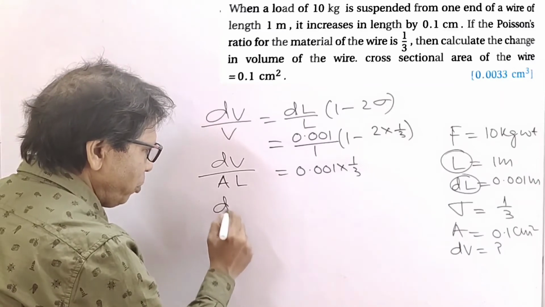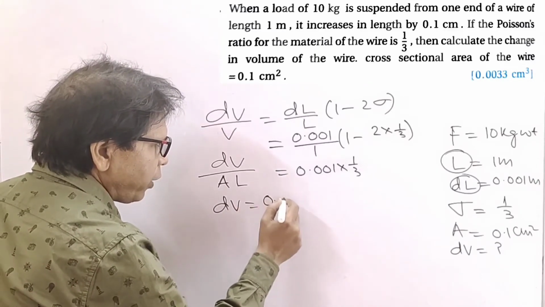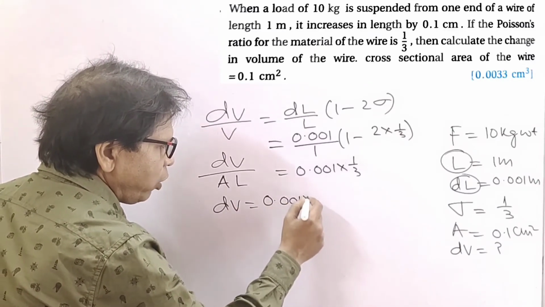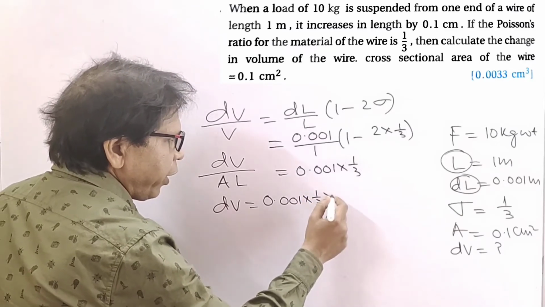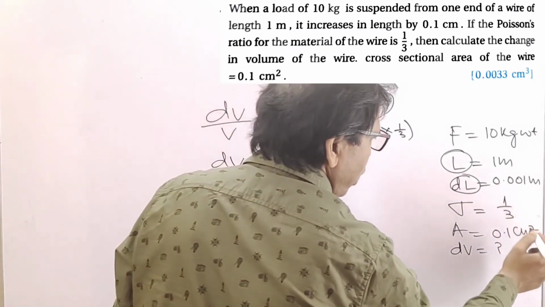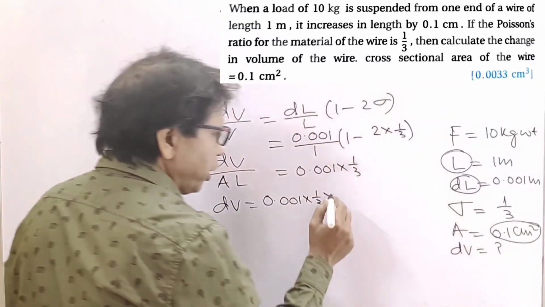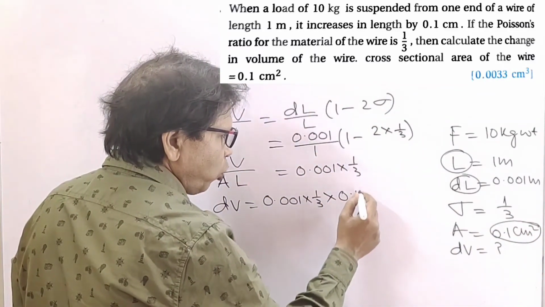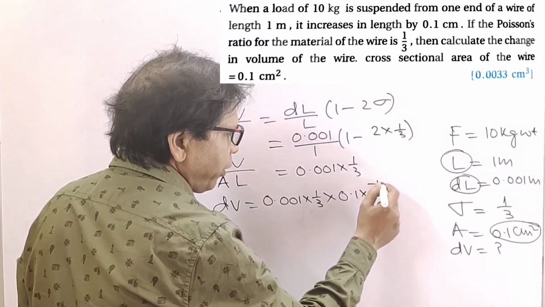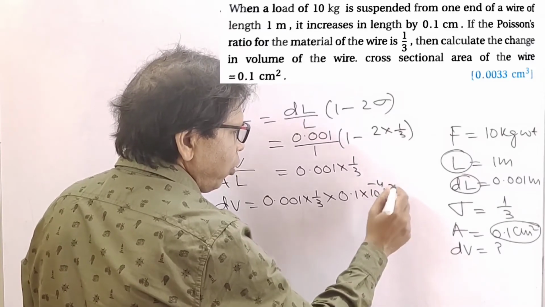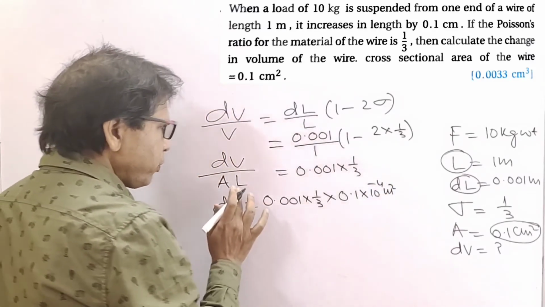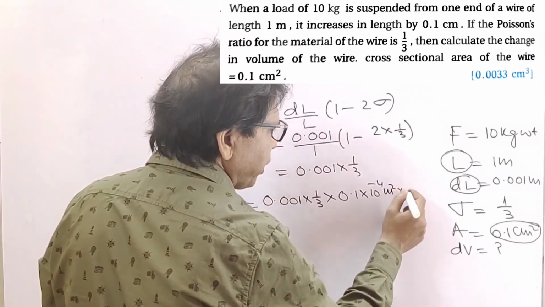So dV is 0.001 into 1/3 into A. This A is 0.1 centimeter square, so this is 0.1 into 10 to the power minus 4 meter square. And L is 1 meter.